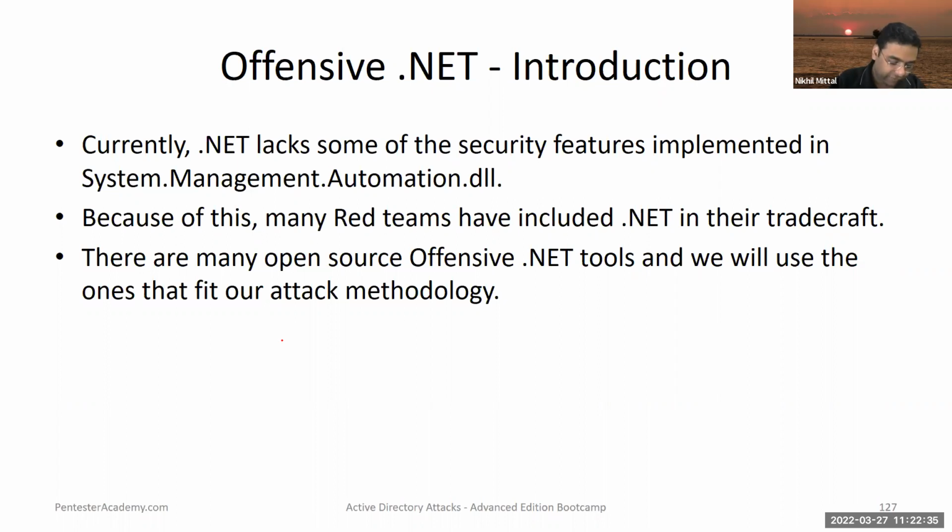And then there are many offensive .NET tools that can be used. We'll use the ones that fit our attack methodology. Please note that we can always use even more exotic languages like Boo or Nim or Rust or Go. I mean, Go and Rust are not really exotic, but you get the point. You can always move to more and more exotic and not so popular languages to avoid heuristic or behavior-based detections.